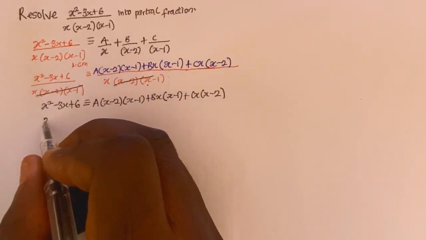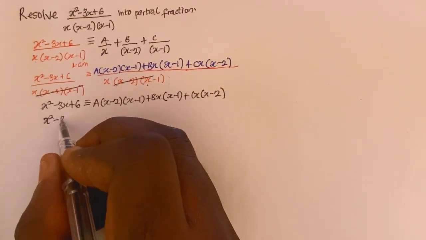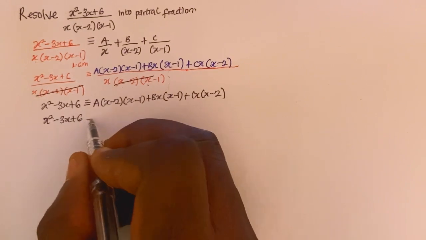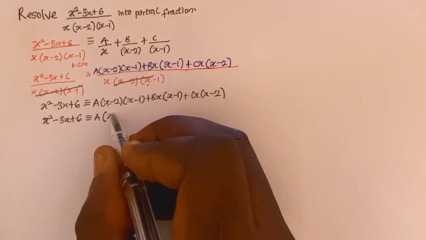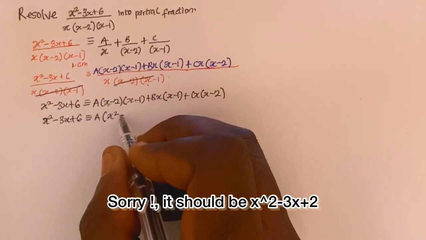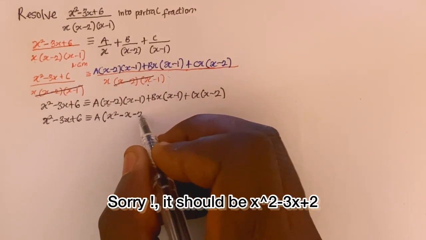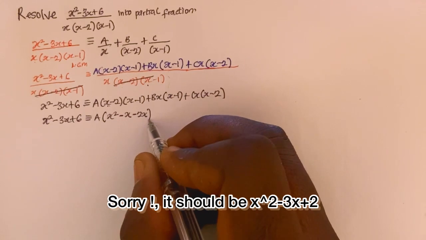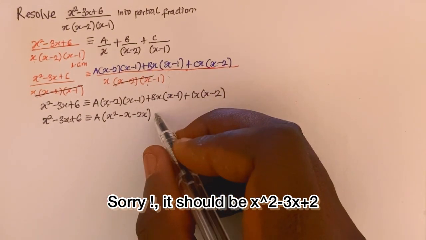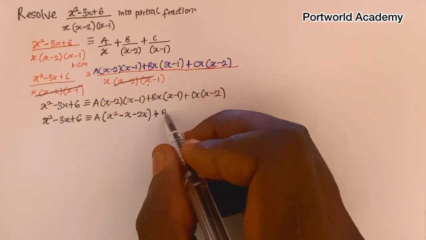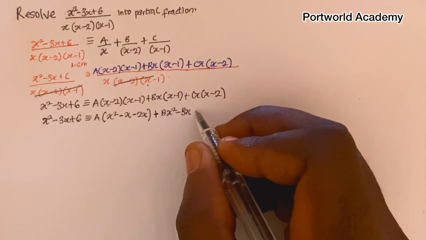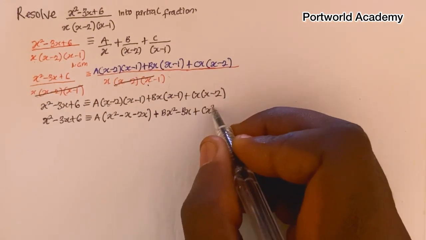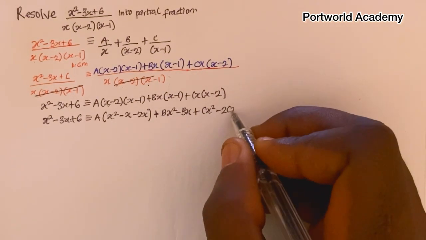I'm going to have x squared minus 3x plus 6, which is equivalent to a into bracket: this multiplied like this is x squared, then this multiplied like this will give me minus x, then minus 2x. Then I close the bracket. Then plus bx squared minus bx, then plus cx squared minus 2cx.